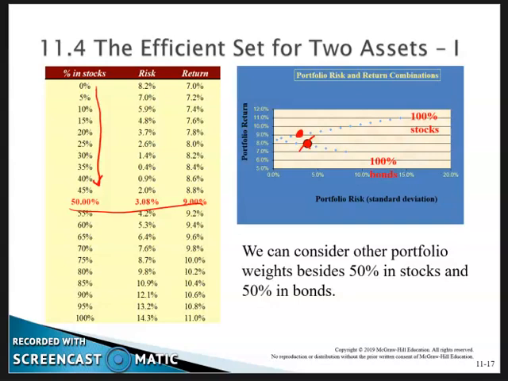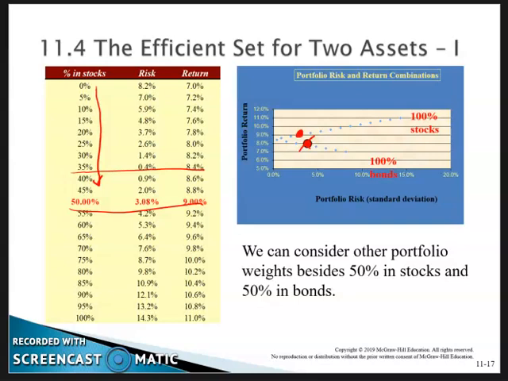We can see the lowest risk, which would be referred to as the minimum variance portfolio. I don't know if it's exactly 35%, but this is the lowest risk, offering a return of 8.4%. That's almost a risk-free portfolio.